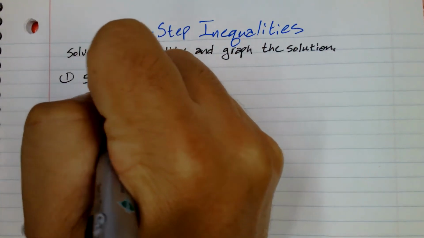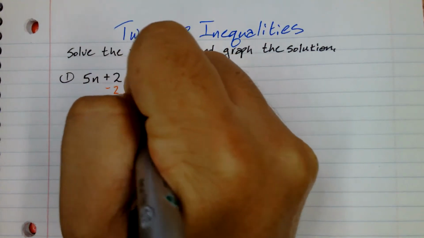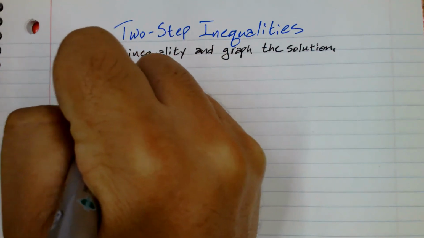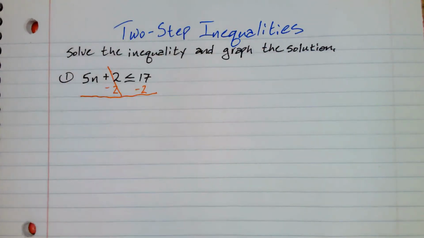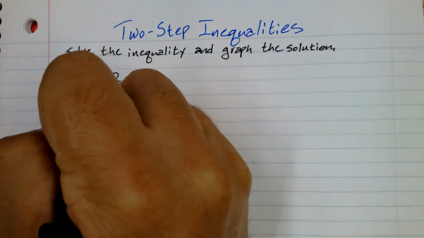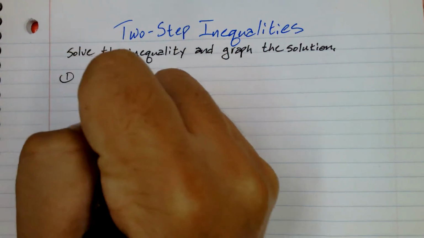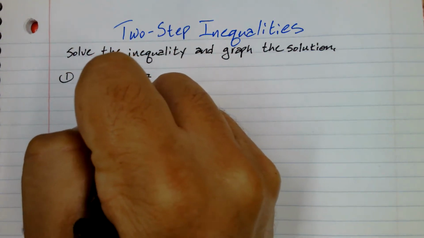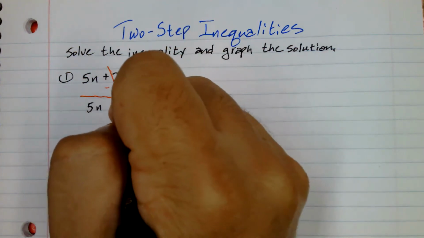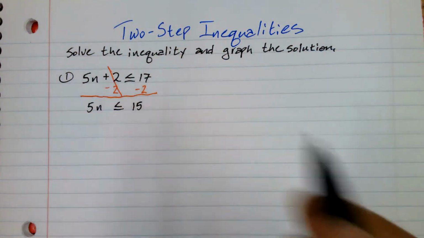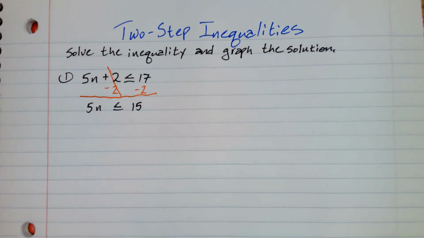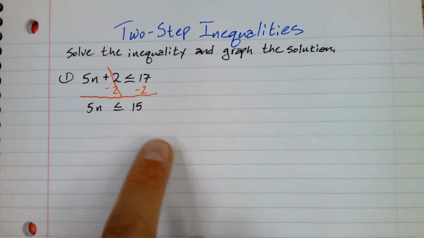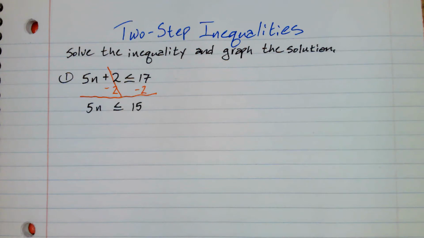Since it's adding 2, we'll subtract it. I didn't divide by a negative, so I leave the inequality the same. And then that's 15. Now I have 5 times n is less than or equal to 15.